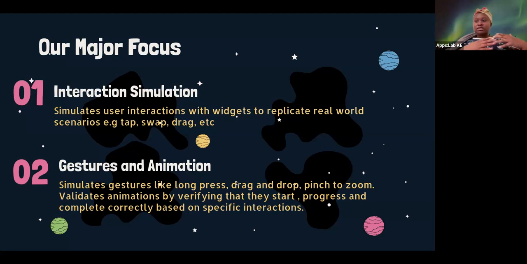Let's say it's a fade animation, so we are able to see the animation pop slowly, display whatever it wants to display, and then it disappears. So this particular test is able to simulate that, so that we are able to see it passes. Any question? Was that well explained? Yes, no?